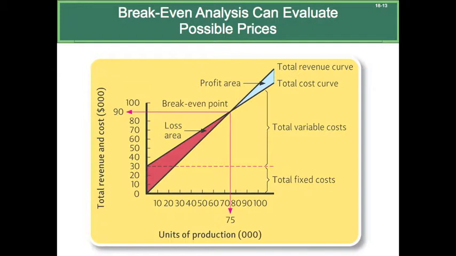That's the area where the total cost is higher than the total revenue, within a production level less than the break-even point. Anything to the right of the break-even point, in this case 75, we'll see above that the total revenue curve exceeds the total cost curve, so the area shown in light blue would be the profit area. That's a very simple example of break-even analysis.